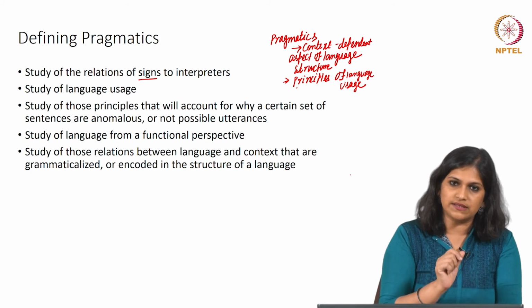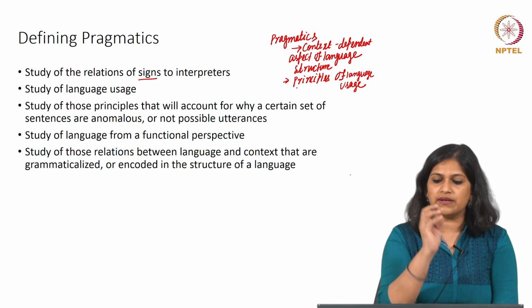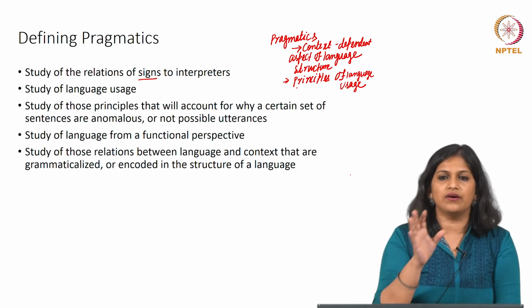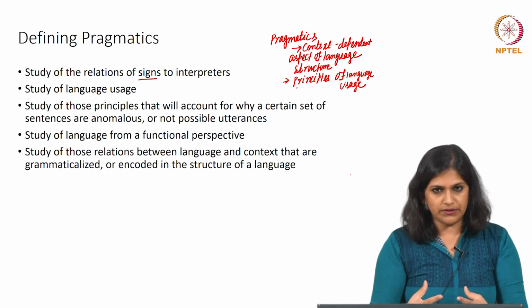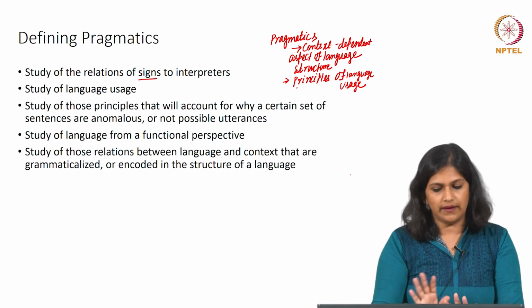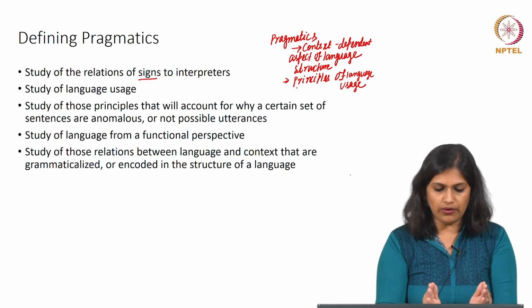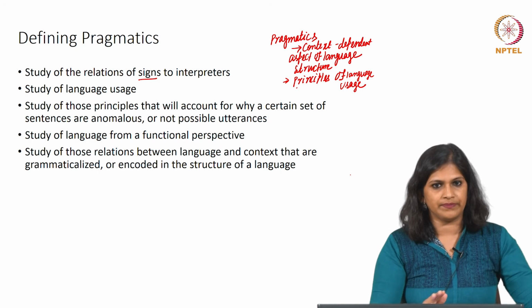So, somebody who studies pragmatics should be able to understand the reasons why a certain set of sentences are not considered to be possible utterances. If you are able to get that, then you are okay. So, pragmatics is going to be a study of such things. This is a more narrowed down definition of pragmatics.